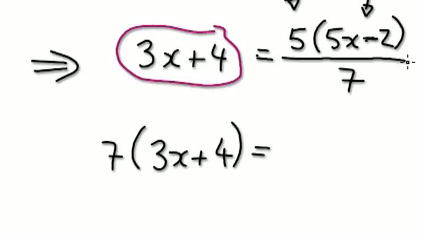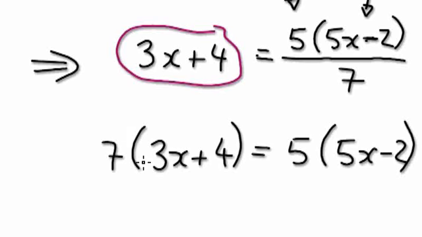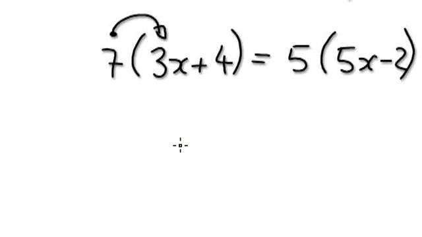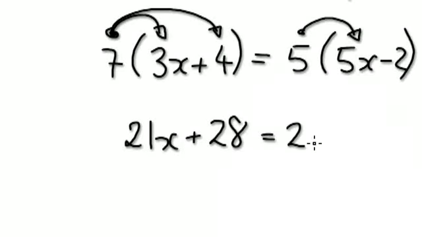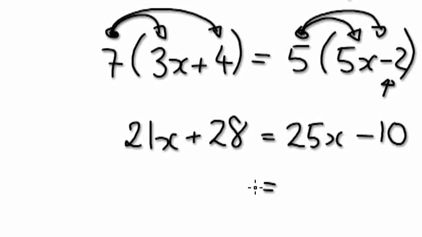On the right hand side, multiplying by 7 kills off the bottom one, so I'm left with 5 bracket 5x minus 2, and now it's a matter of multiplying this out. 7 times 3x is 21x. 7 times 4 is plus 28. 5 times 5x is 25x, and 5 times minus 2, don't forget the minus, is minus 10.